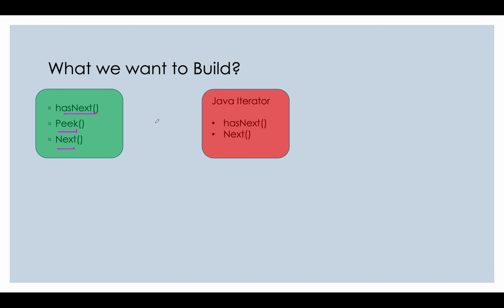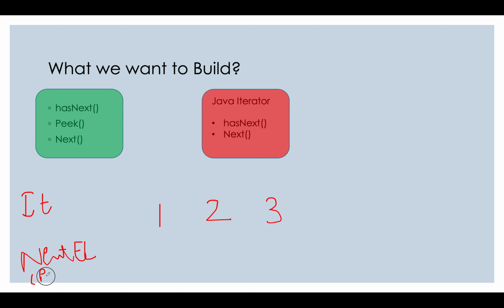What we'll be using to write these methods, we will use the Java iterator, which already supports two of these functionalities. Let's take a similar example to the one specified in the question. We have a list which has 1, 2, 3, and what we will have in the peeking iterator class are two private objects. One is the iterator, that will be a Java iterator, and the other would be the next element, next integer, that will help us write the peek logic.